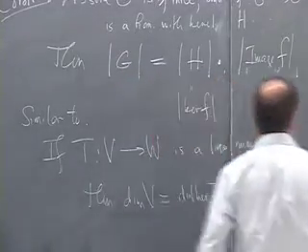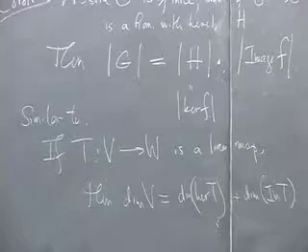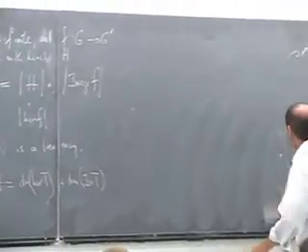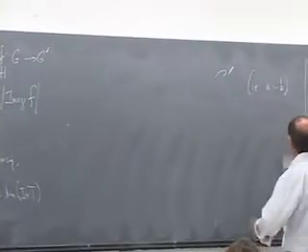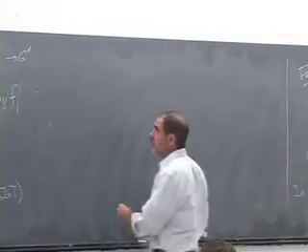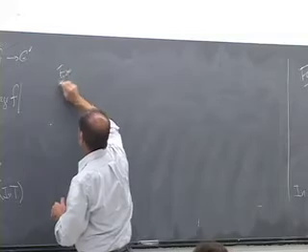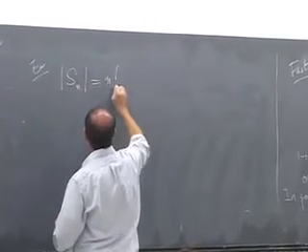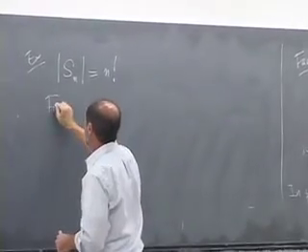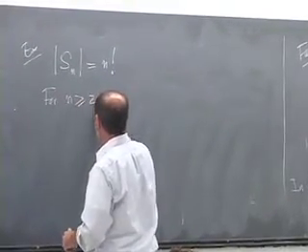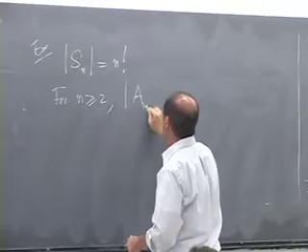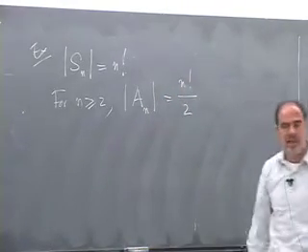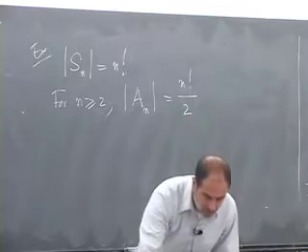Corollary, example of this: the order of the symmetric group on n letters is n factorial. For n greater than or equal to 2, the order of the alternating group on n letters is n factorial over 2, as I claimed last time. Proof?